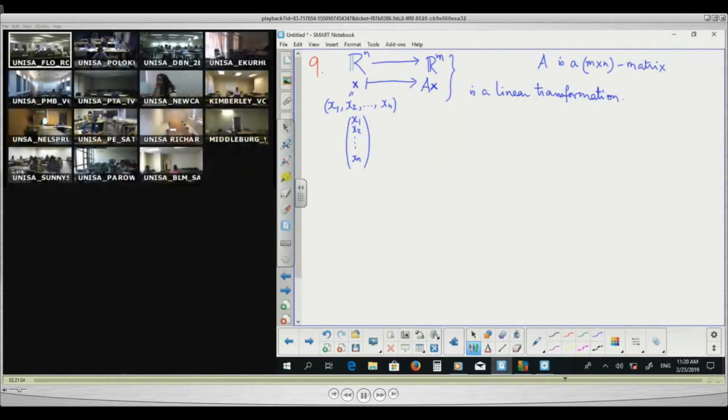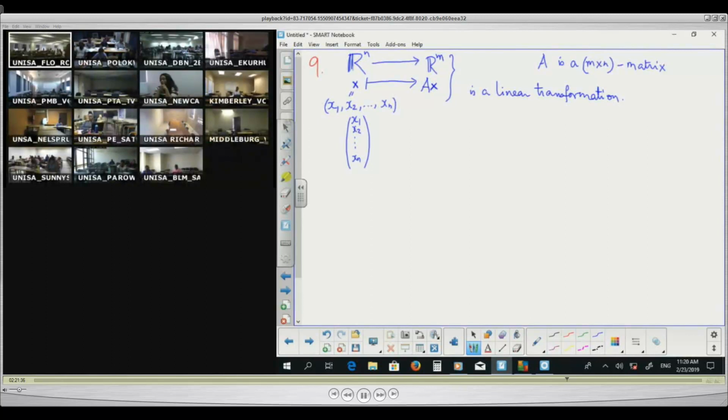In fact, we will show as we go on that every linear transformation from Rn to Rm is actually given by a unique matrix, and that linear transformation comes in this way. So these are precisely the linear transformations, but that is much later. We'll come back to it.